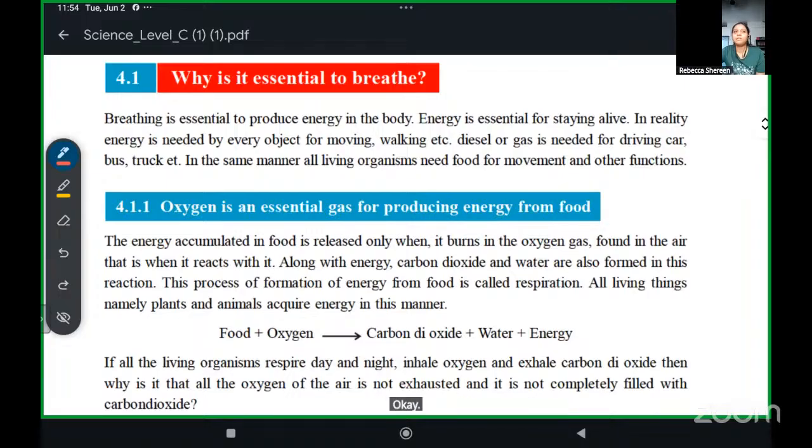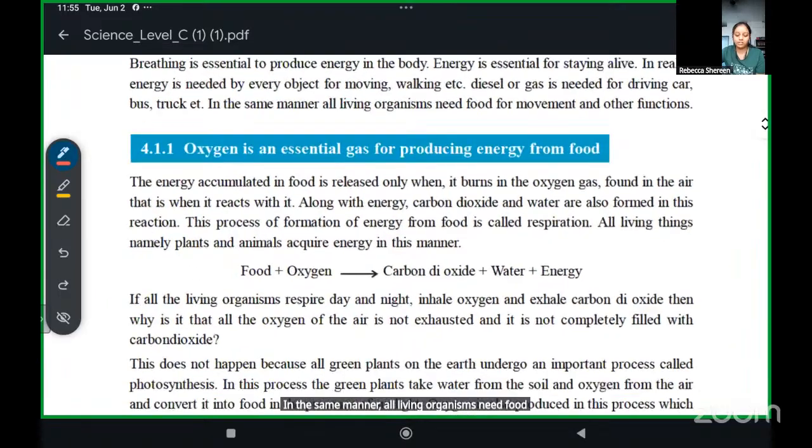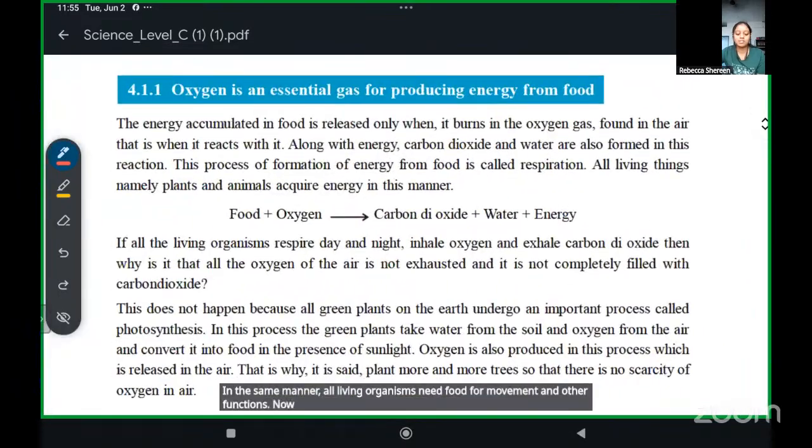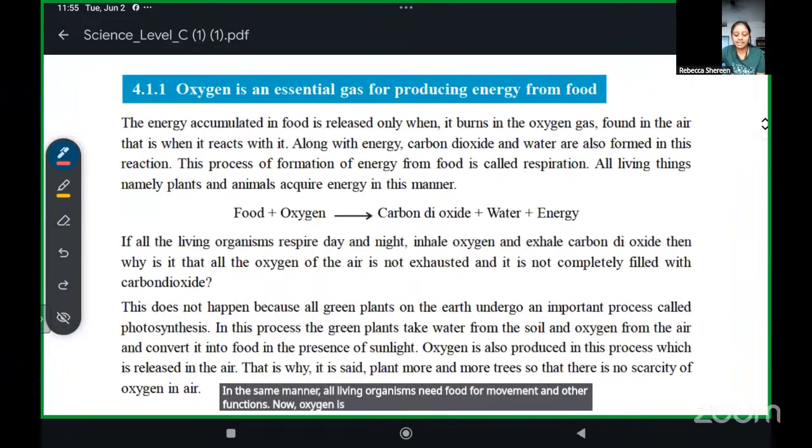Plants get energy in the form of food, water and minerals. Human beings also get energy in the form of food, but for that, breathing also plays a major role in producing energy. In the same manner, all living organisms need food for movement and other functions.